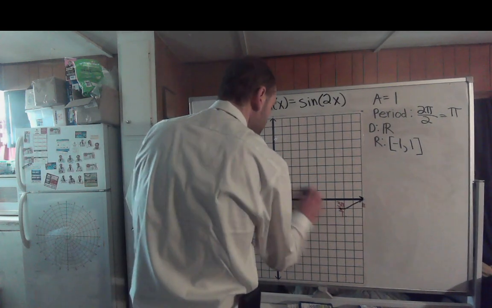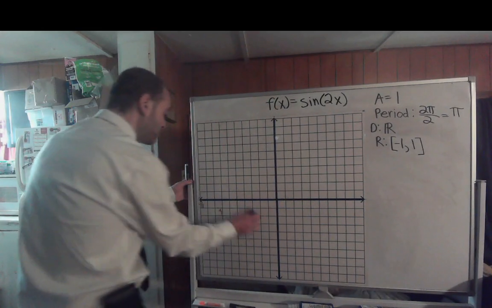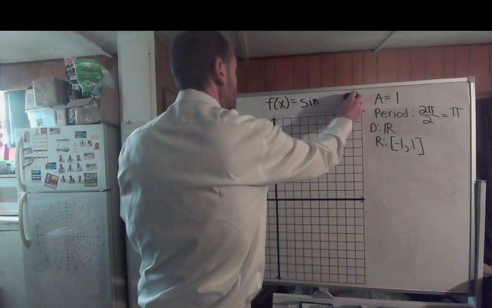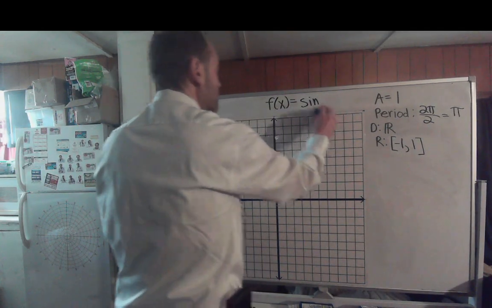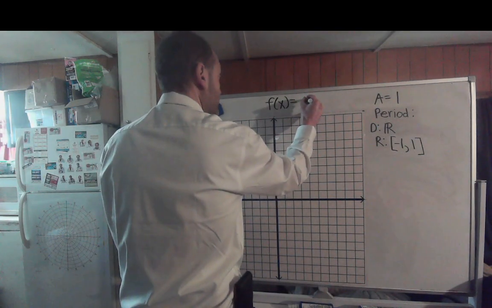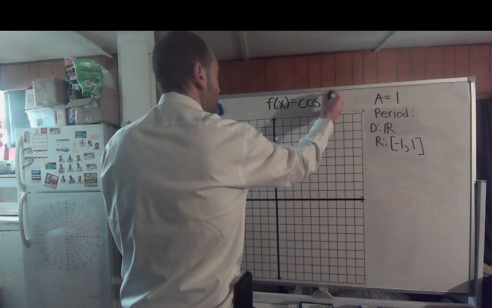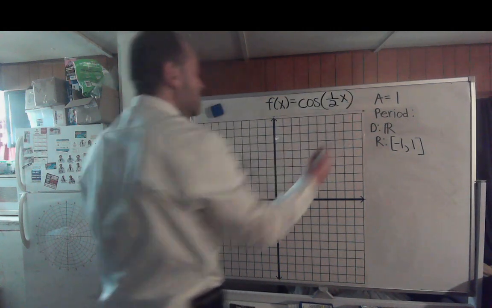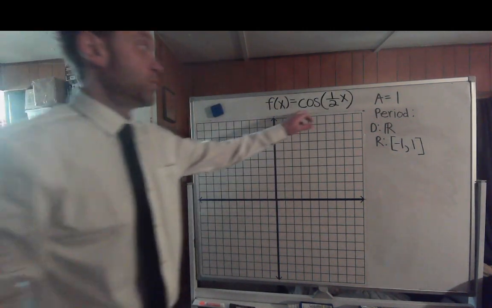As a matter of fact, this is going to change again because I'm about to do another period change. Let's say I take the cosine of 1/2 of x.